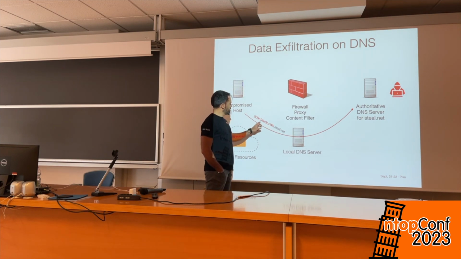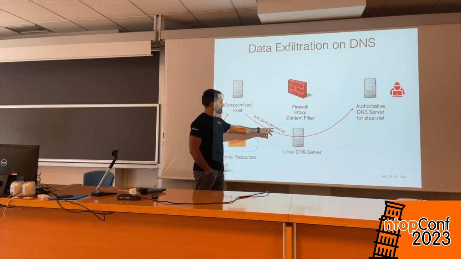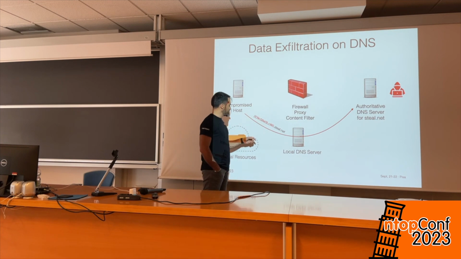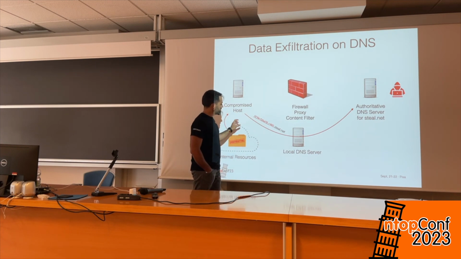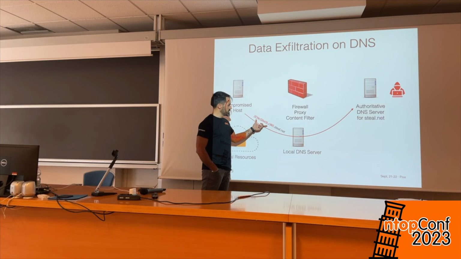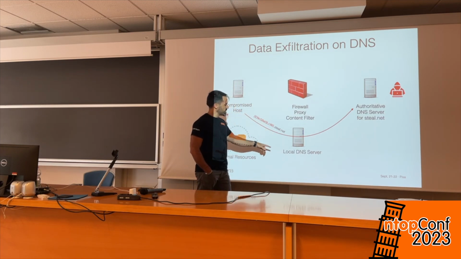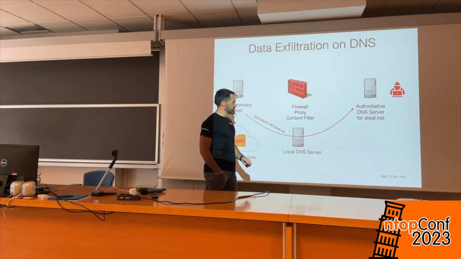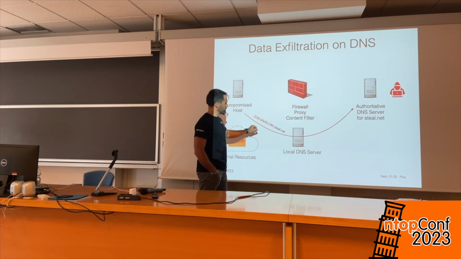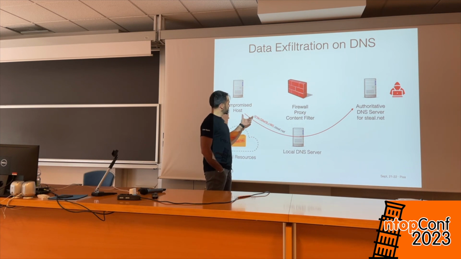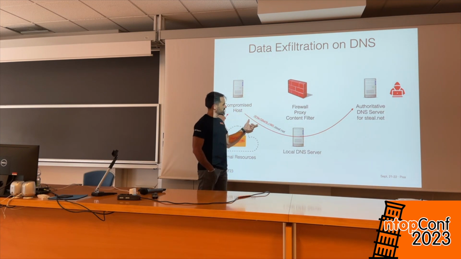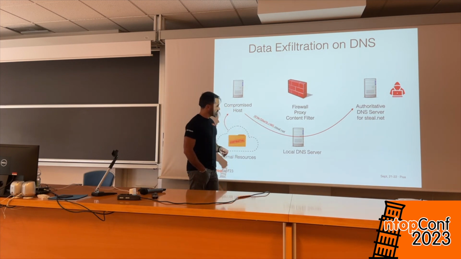And here we have, for instance, a DNS query, type A, where some data is encoded into the subdomain. So when we do a request like this, our local DNS server will forward this request to the authoritative DNS server to resolve this name. And doing this, the host is exporting some information which is encoded into the request.